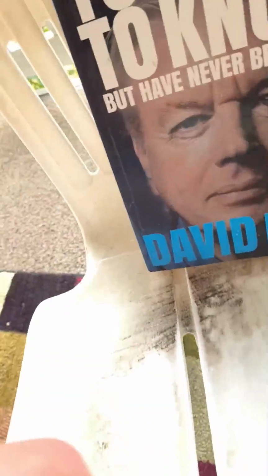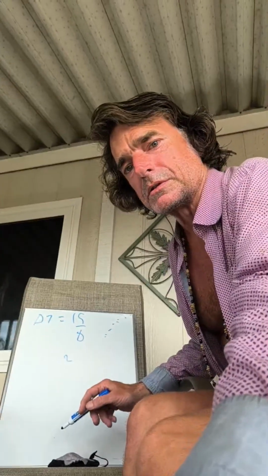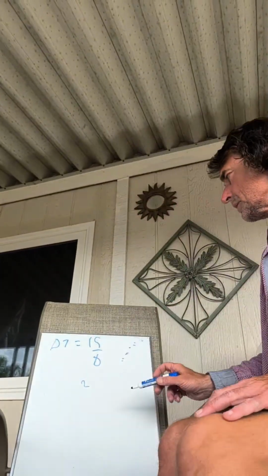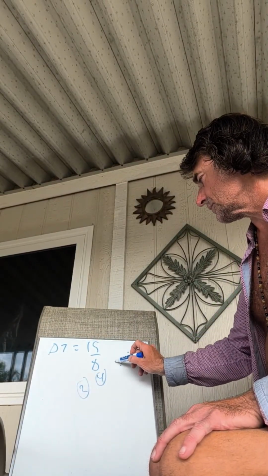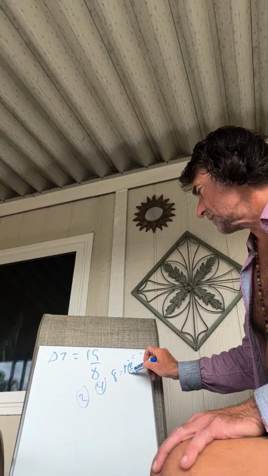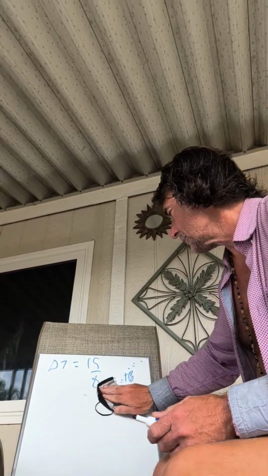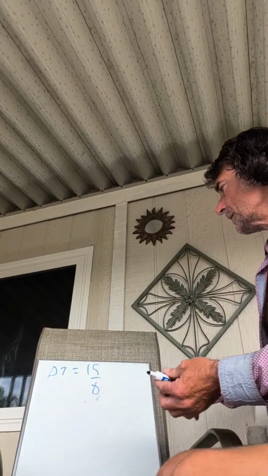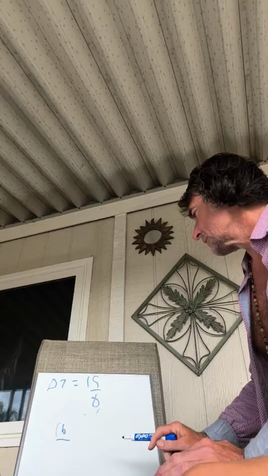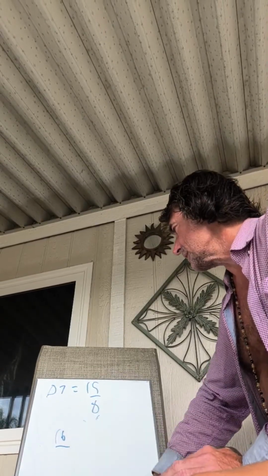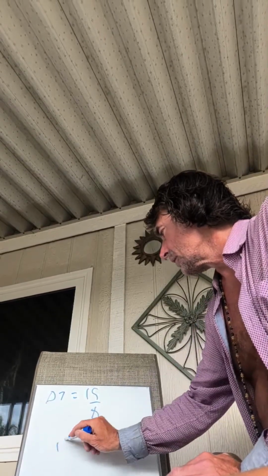My phone just did a dive there. If an octave is 2, double octave is 4, triple octave is 8, quadruple octave is 16, I have that 16 over 16, which is 4 octaves.